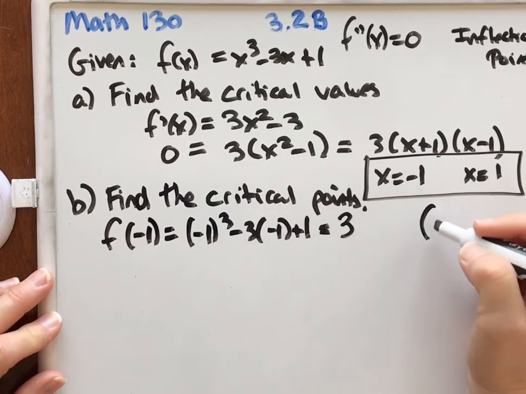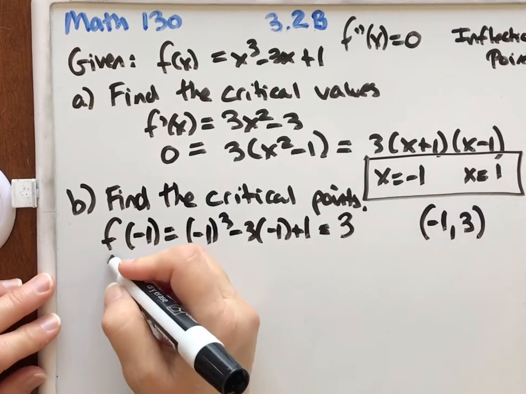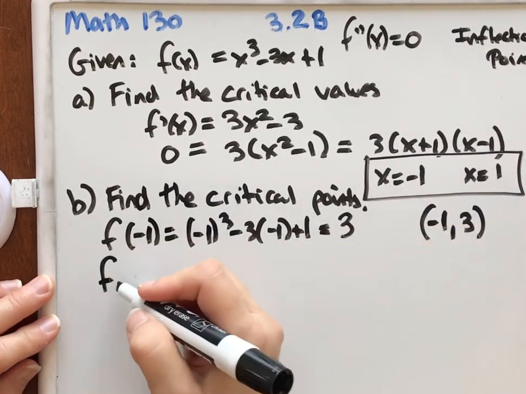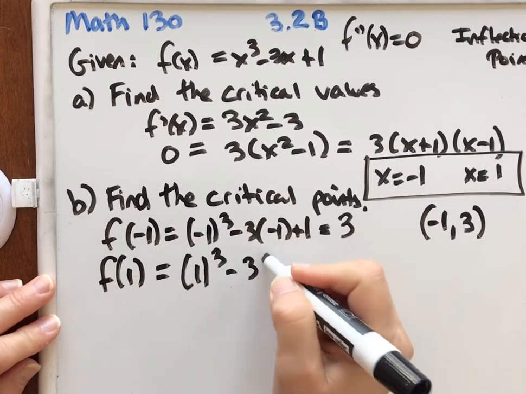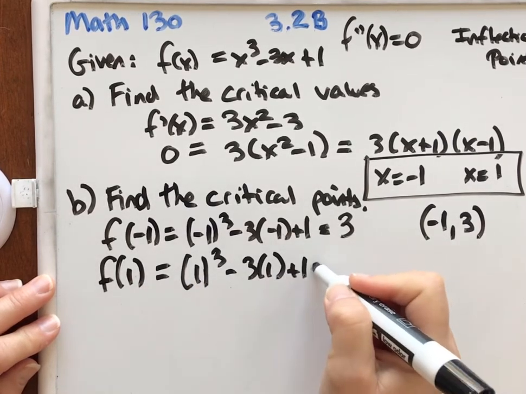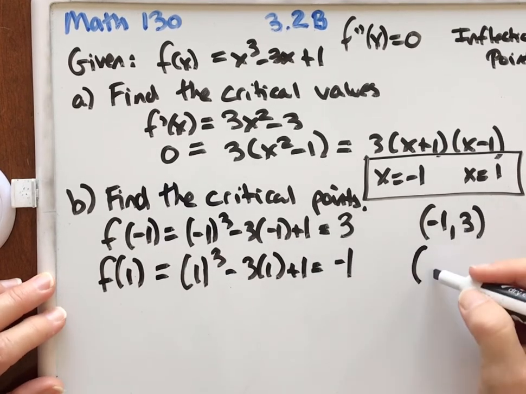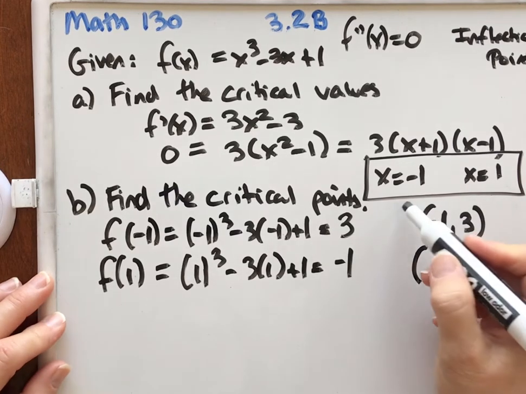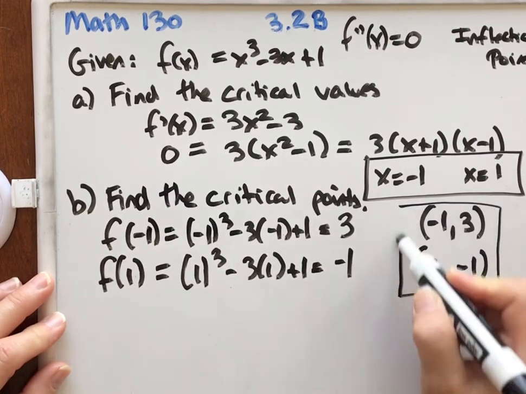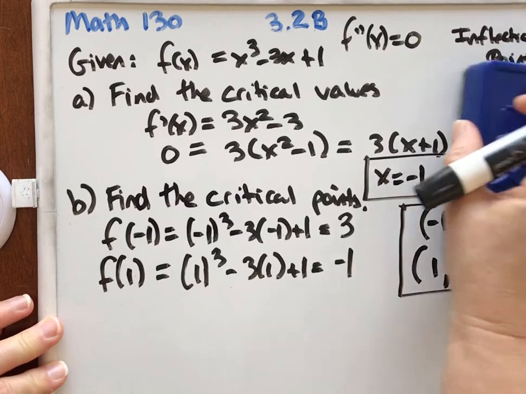So one critical point is (-1, 3). And we put the next critical value into our original equation, and that is -1. So these are our critical points. All right, I'm going to erase these so we have more room.